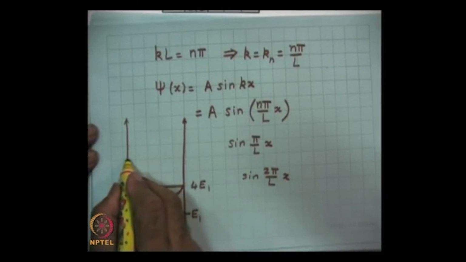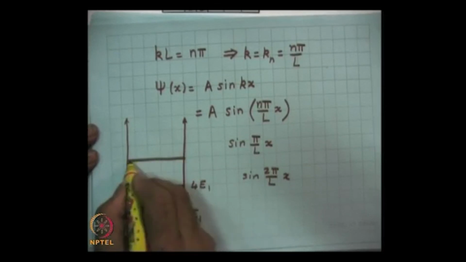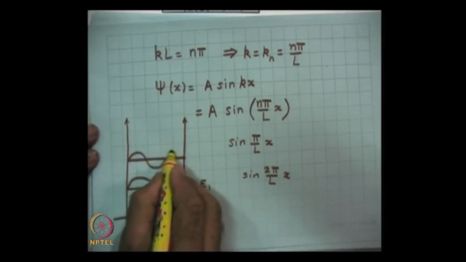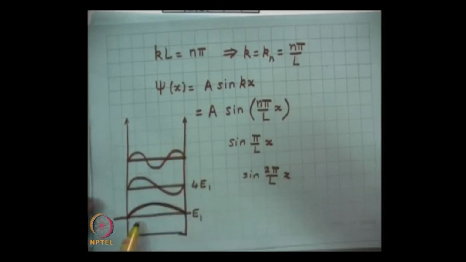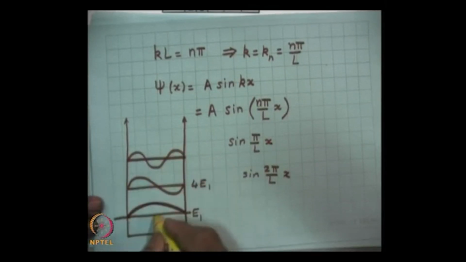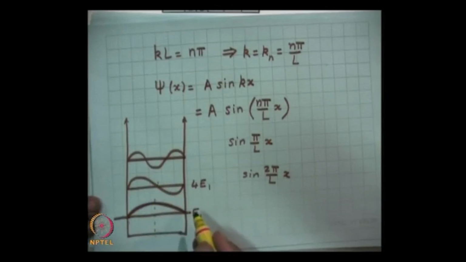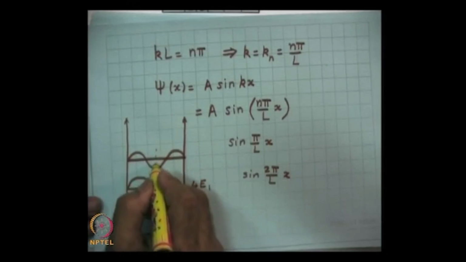And the third wave function will be something like this. The first wave function is symmetric about the point x is equal to L by 2. The second wave function is antisymmetric with respect to x is equal to L by 2. The third function is symmetric.